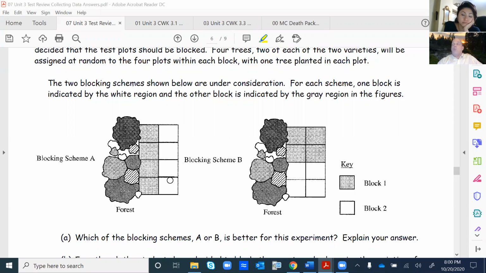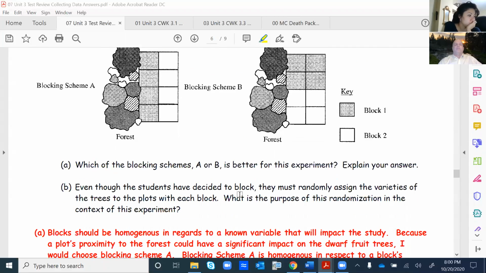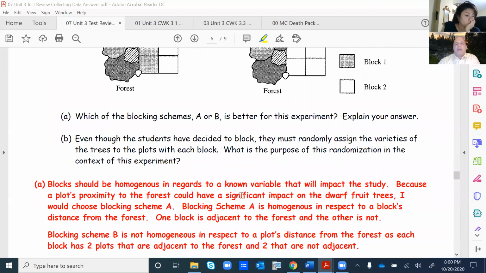Everything is away from the forest. So that's similar. All right, so a block should be homogeneous in regards to a known variable that impacts the study. In other words, if you don't like the word homogeneous, use the word similar in regards to a known variable that impacts the study. What's the known variable? Well, the forest.